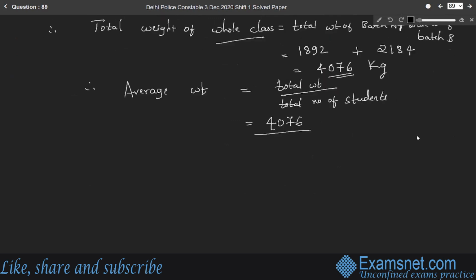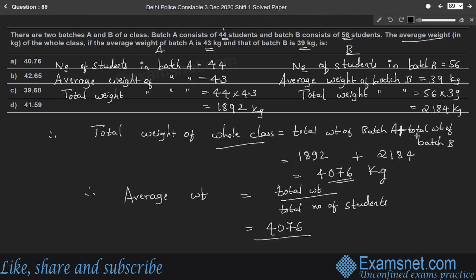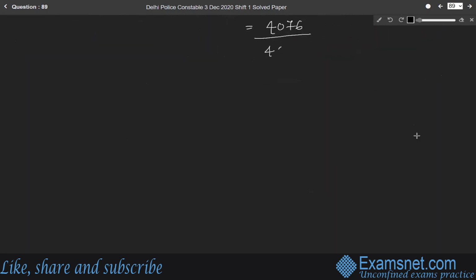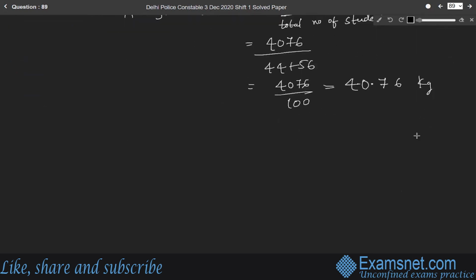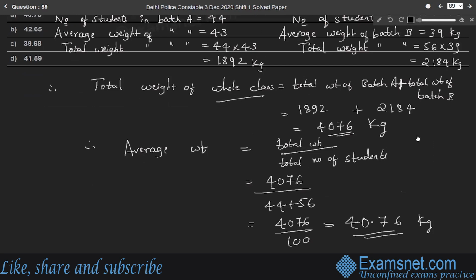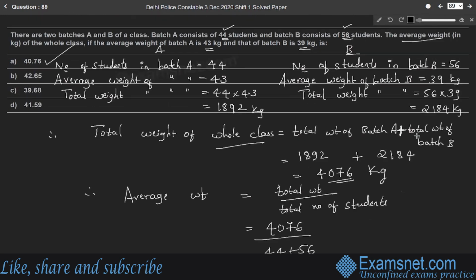What is the total number of students? Batch A plus batch B, 44 plus 56. It is 4076 by 100, which is 40.76 kgs. Therefore, the average weight of the whole class is 40.76. Hence, option A is the right answer.